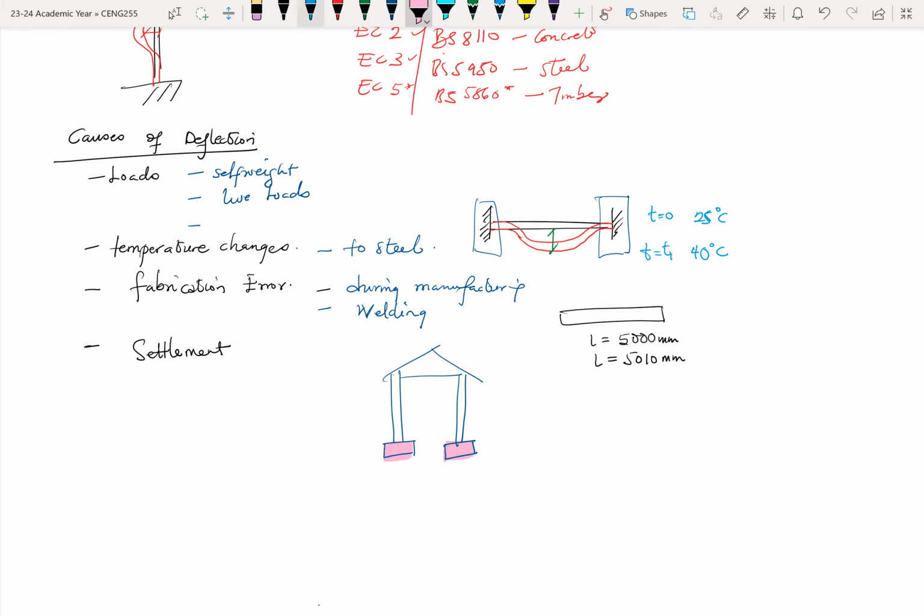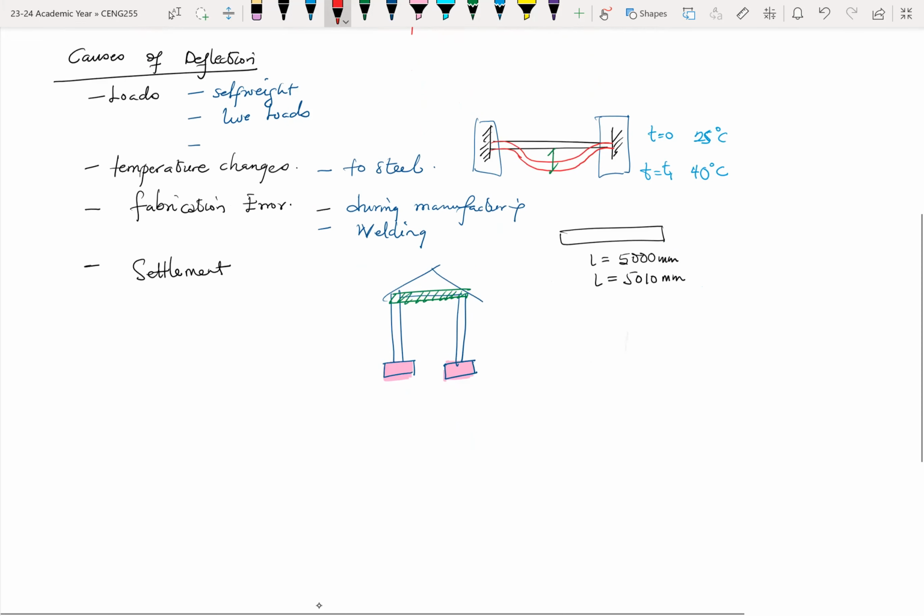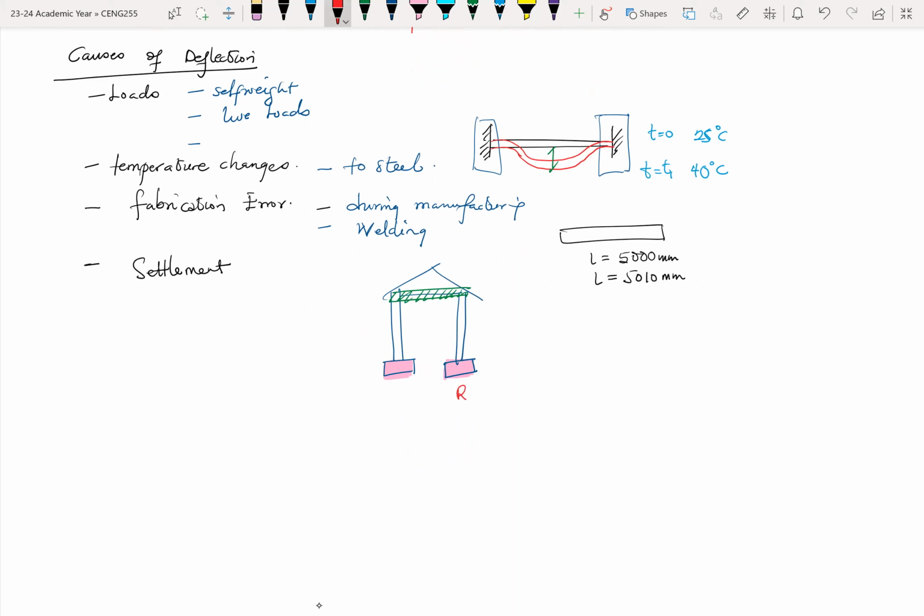So let's say this building, a portion of it, I want this beam. So let me put this beam over here. Okay. So this footing, let's say the one on the right, sits on a rock or a rocky material, and then the one on the left maybe sits on clay or maybe silt, something that can easily be displaced.